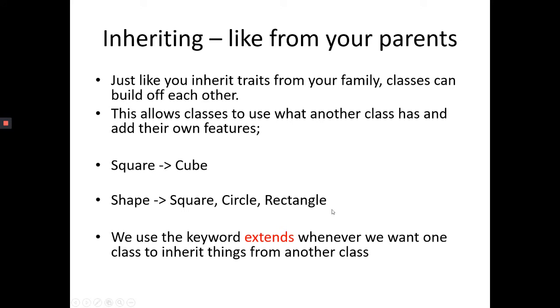If you had, for example, a square class and you wanted to create a cube class, rather than starting from scratch, you could actually borrow all of the information from the square class, the x and the y, the width, even the formula for area to calculate the area of a face.